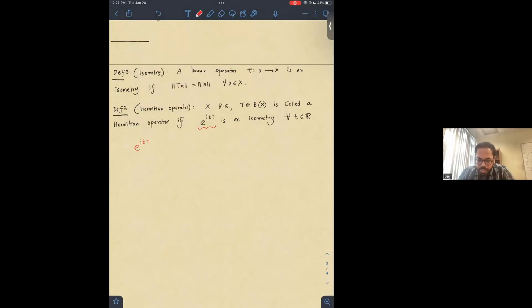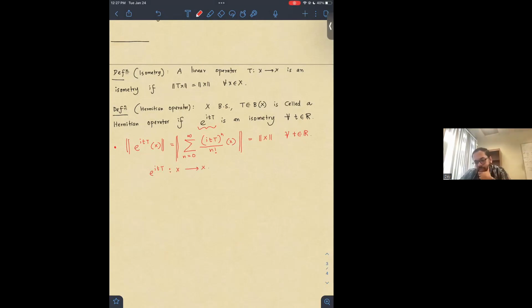I am pretty sure that you may have guessed before that this operator is nothing but a power series, the sum from n equals 0 to infinity of (i t T) to the n over n factorial, acting on X. And in order to prove that it's an isometry, we would always prove that this norm is equal to the norm of x for every t in R. So we say that T is a Hermitian operator if this equality is actually true. And it is clear that this i t T is an operator from X to X.